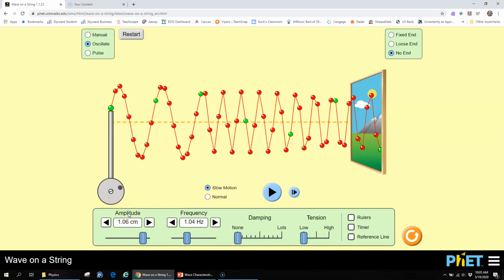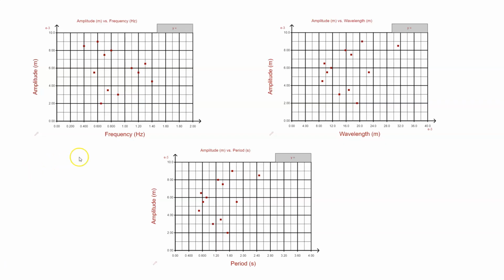Now, wavelength is going to be a big idea as we move into day 5 of the lab. But if there is a thing that affects wavelength or has some control over the wavelength, the graph results is showing us that it's not amplitude. And that just shows that result right here.